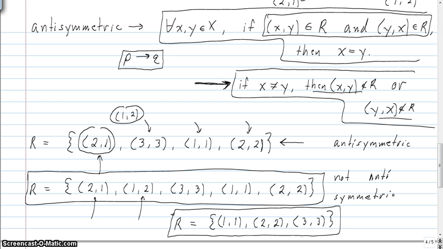This relation is antisymmetric because it fits. I think in this case it's maybe easier to look at the first form of the definition.